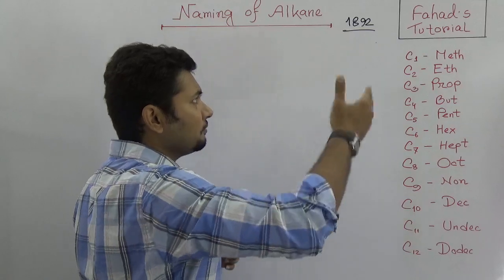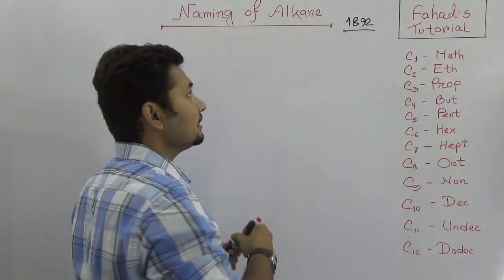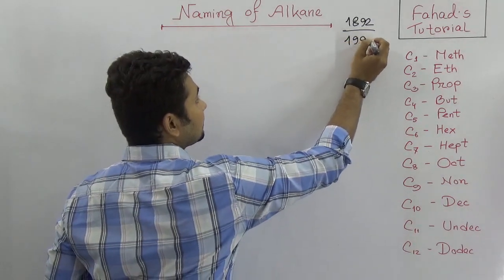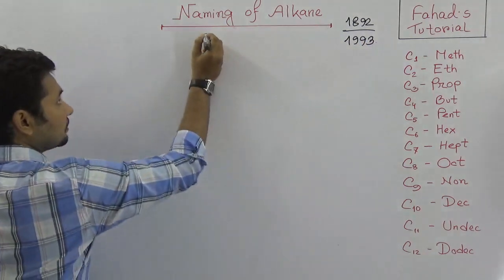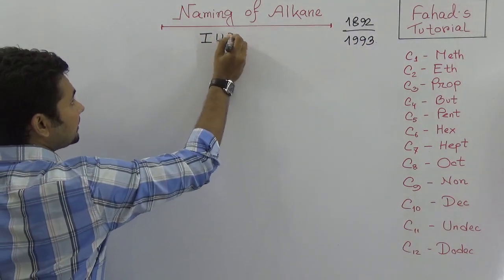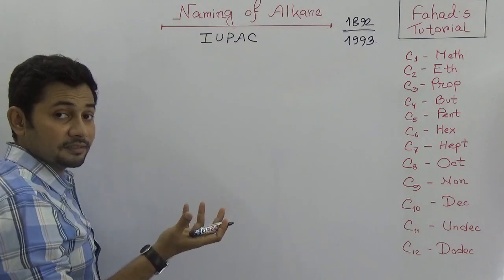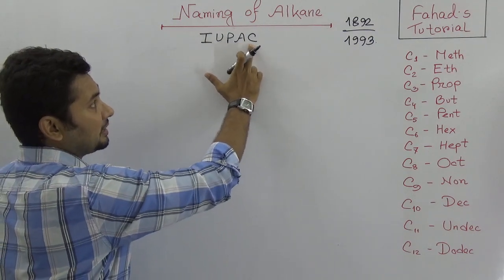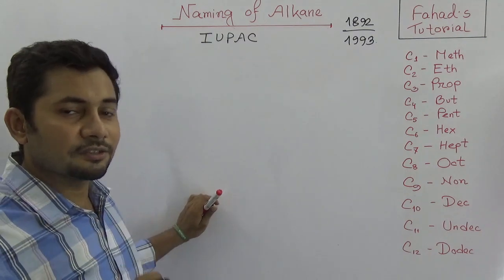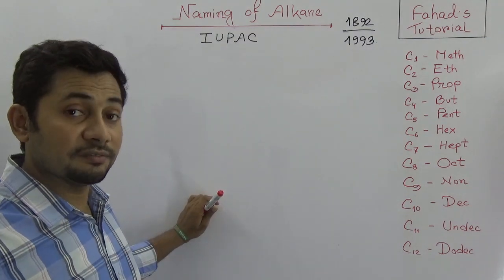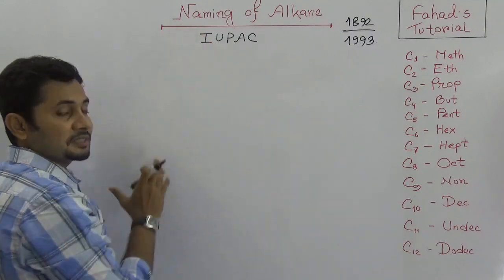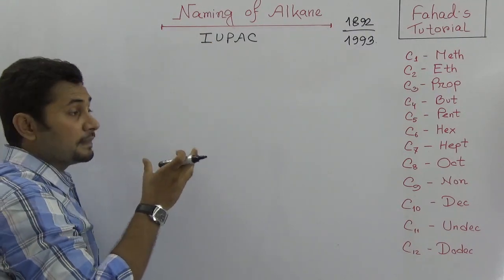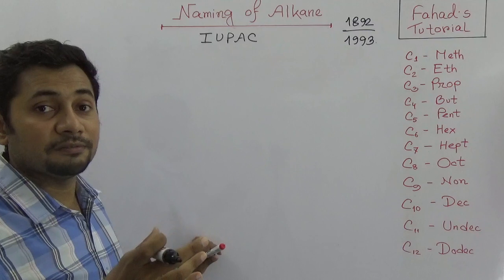And then after a lot of conferences going on, in 1993, they developed a process which is called IUPAC, you know it, this is International Union for Pure and Applied Chemistry, and this is called the Geneva process or Geneva system.